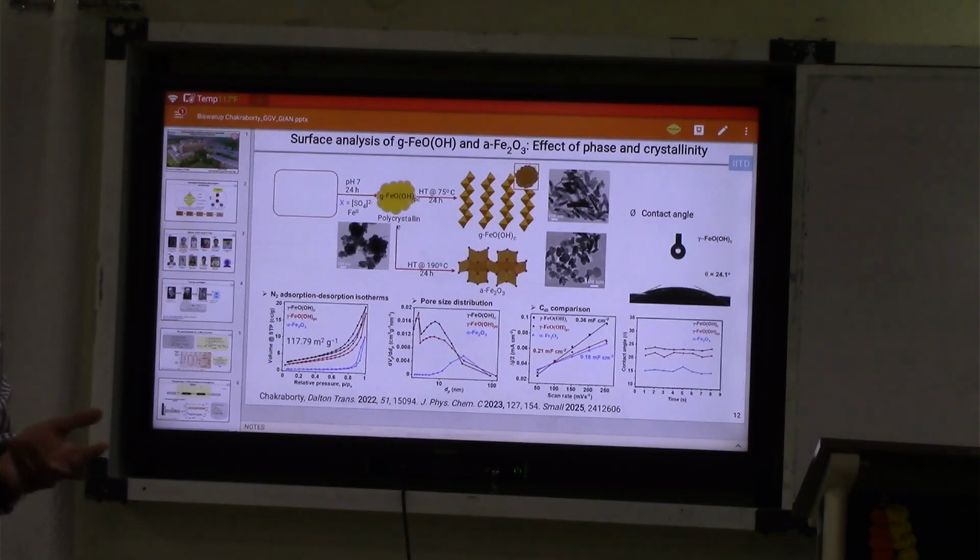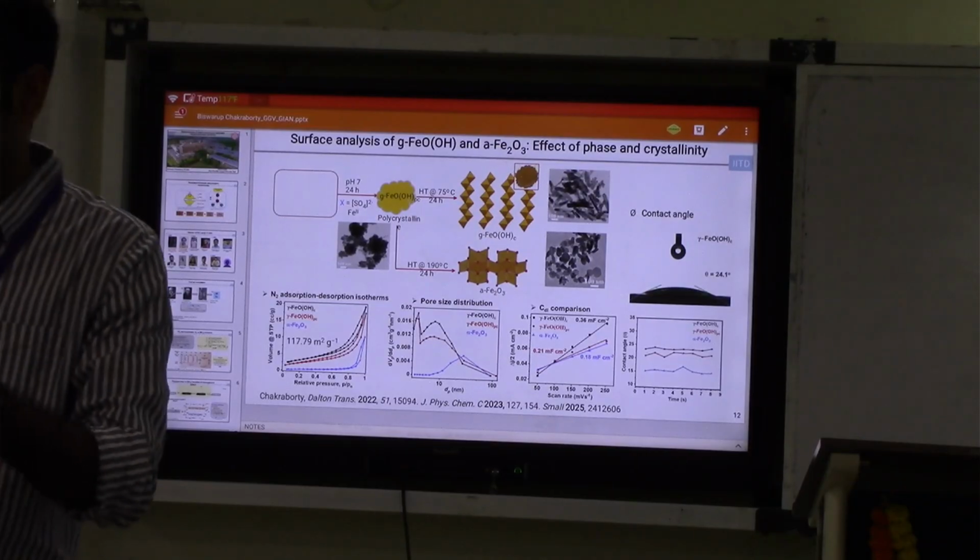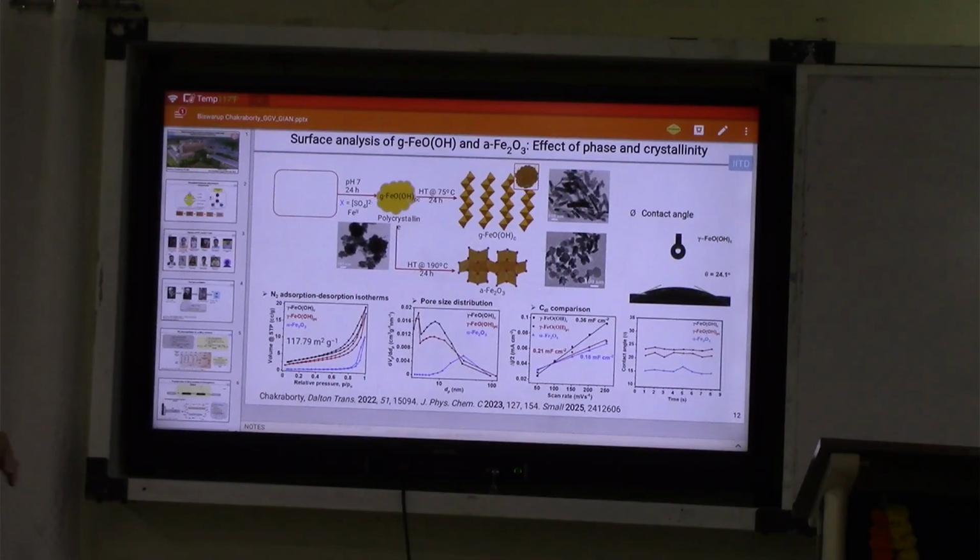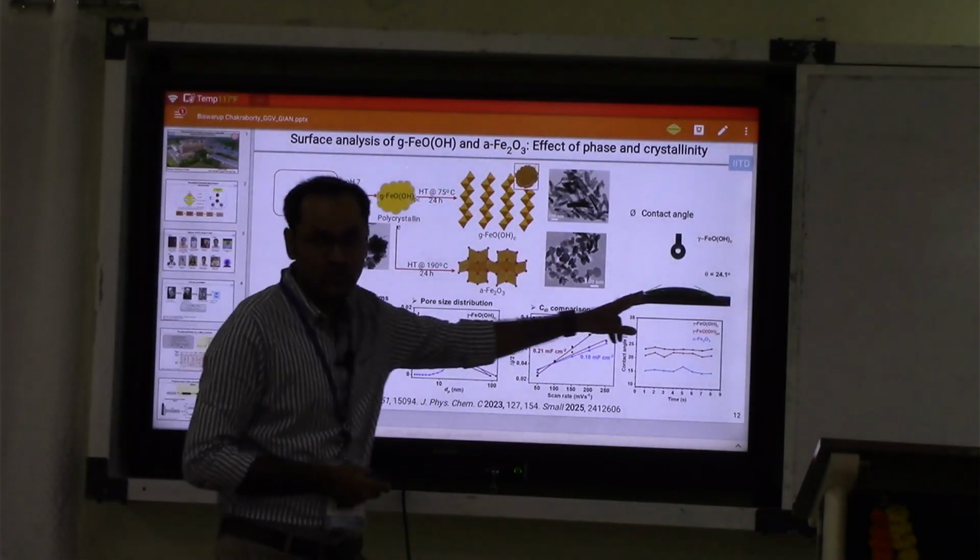Now this is basic surface tension and viscosity, which you have read in your masters: if a surface has higher energy and is hydrophilic in nature, it will absorb water or aqueous medium very fast. That means if the surface is hydrophilic, you will get an acute angle, right?